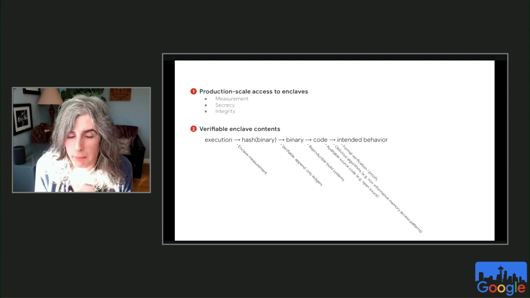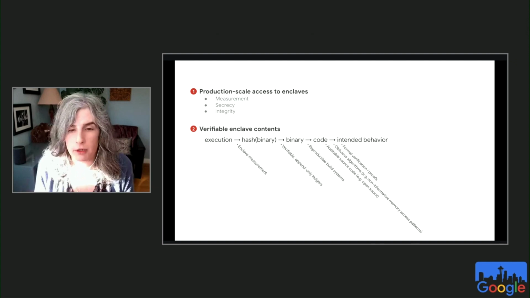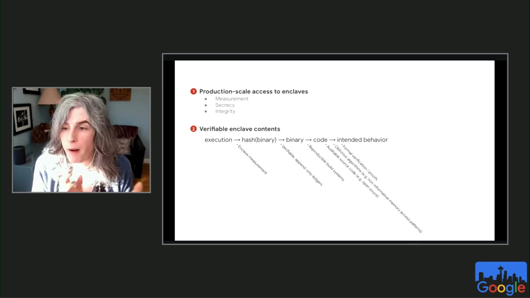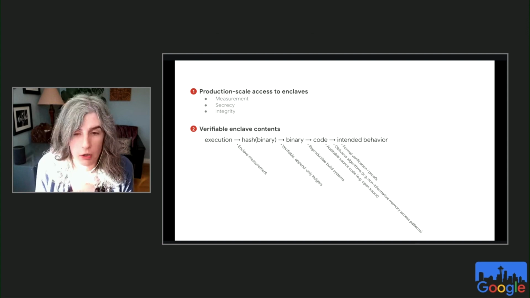So verifiable append-only ledgers end up being extremely important here. You need a reproducible build system so that you can reliably connect code, say in an open source repository, to binaries that are being executed in a way that is verifiable by end users. You need the code to be auditable, say open sourced, and you also need to be able to prove properties of the code that you're interested in.